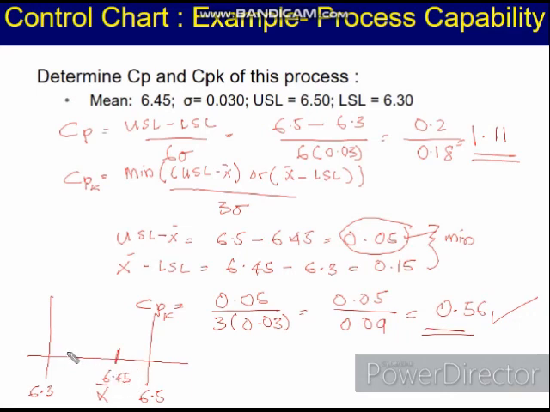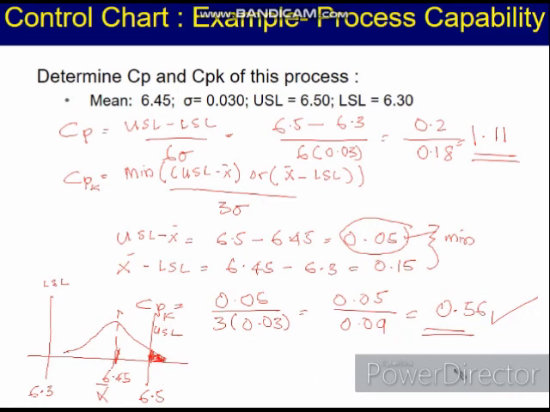If you generate the normal distribution, it might look something like this. This is the x bar, this is the lower spec limit, and this is the upper spec limit. You can see from this graph that the process is going to produce parts over here that are beyond the spec limit and will be rejected.